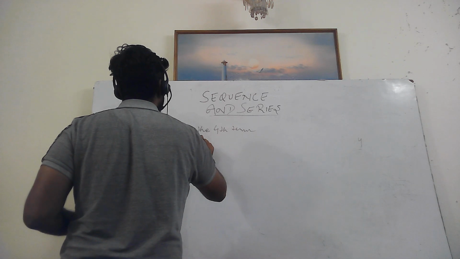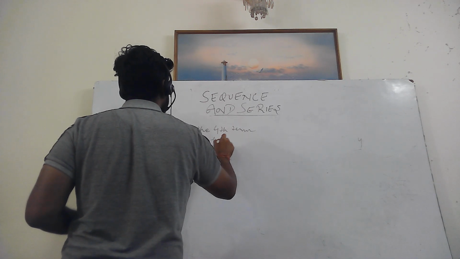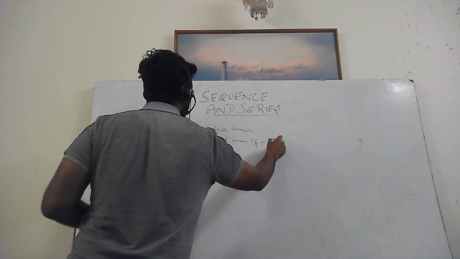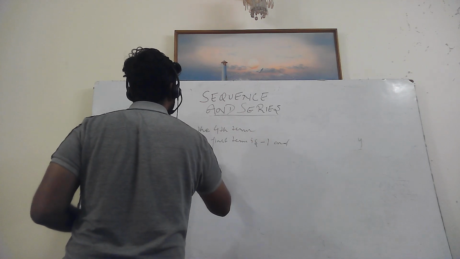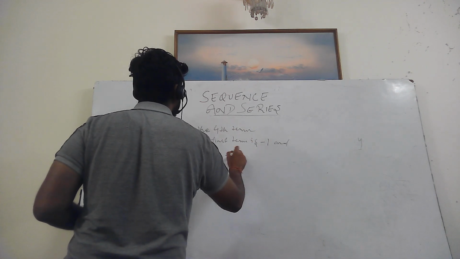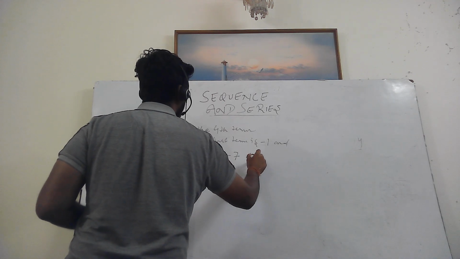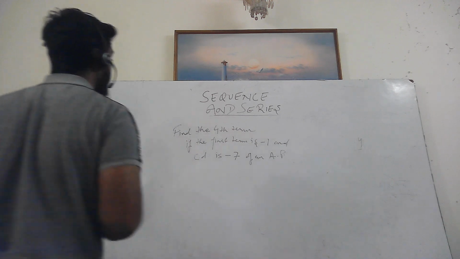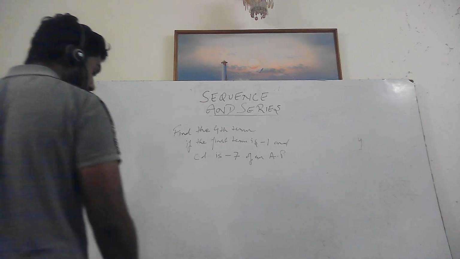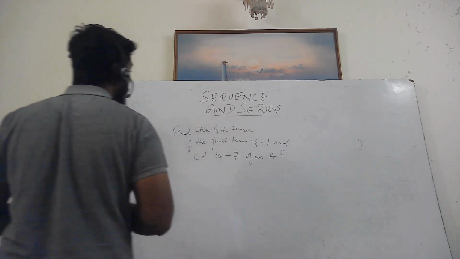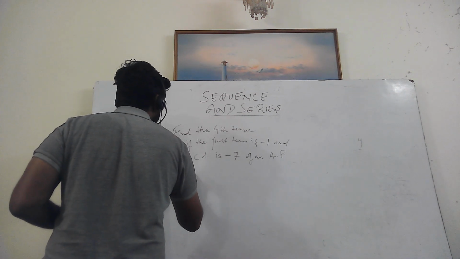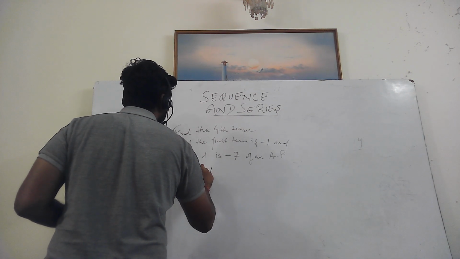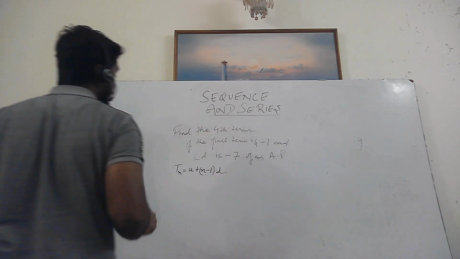If the first term is -1 and common difference is -7 of an AP. Write down the general formula. What's the general formula of an AP? Tn is equal to A plus n minus 1 into D.